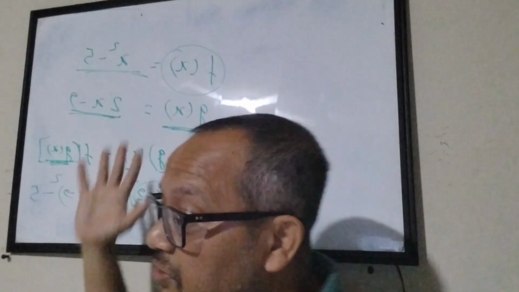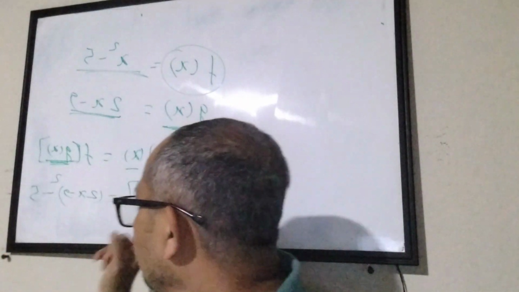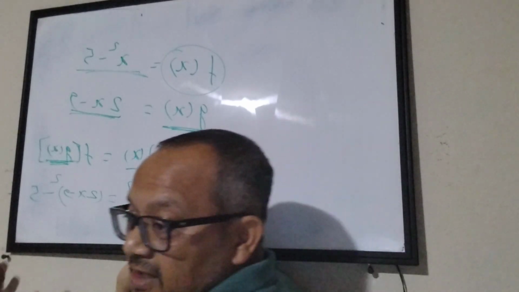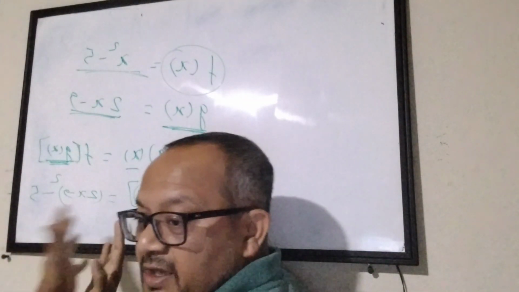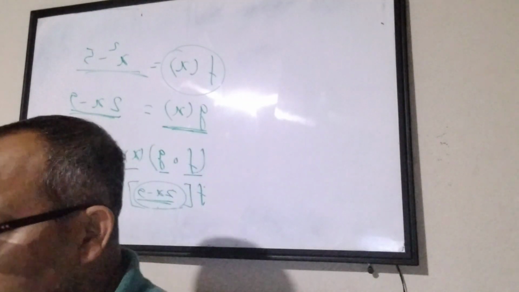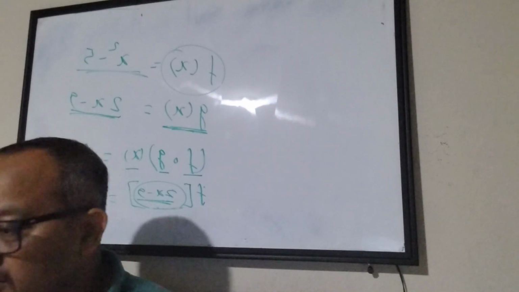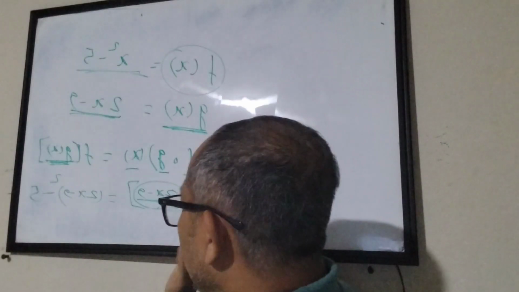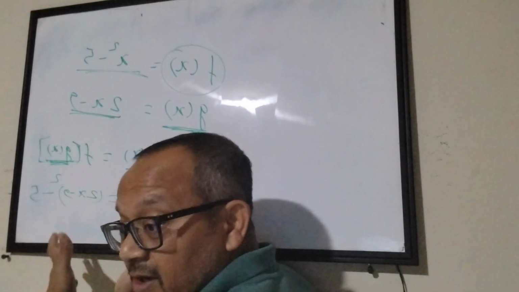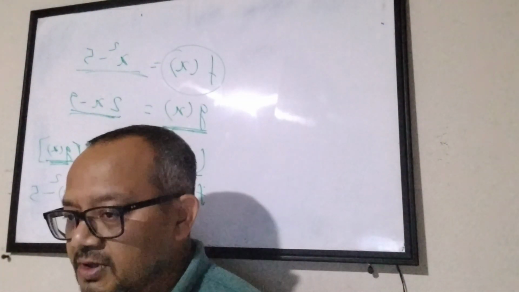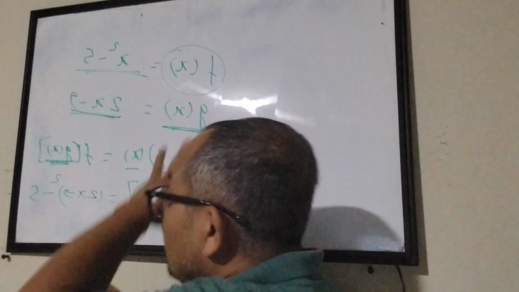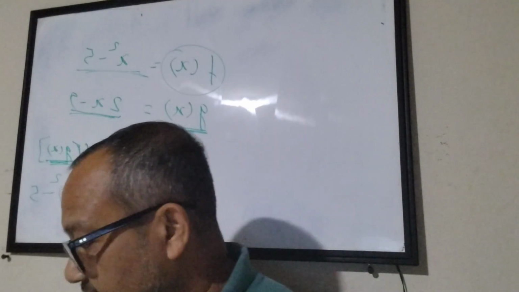We just looked at two levels of composition, f of x and g of x, and we saw what it becomes if you combine them. Now, is that the end of it? The answer is no. You have no limits with respect to what level of composition you can have.